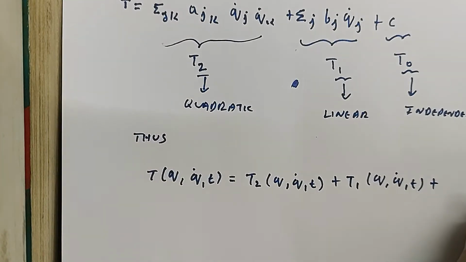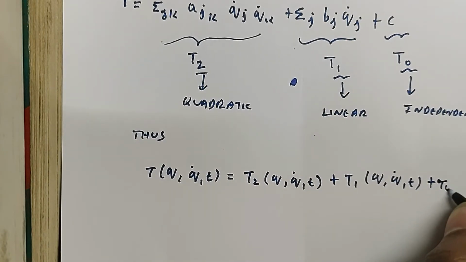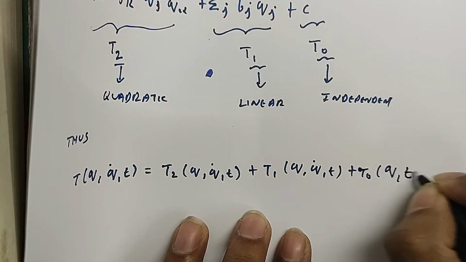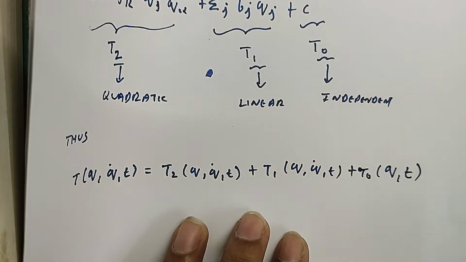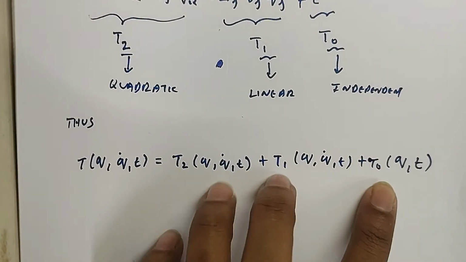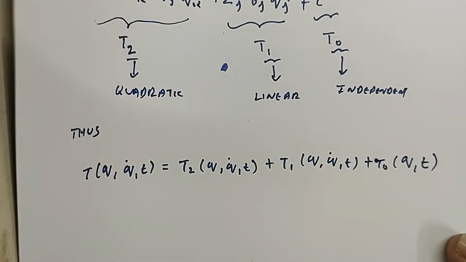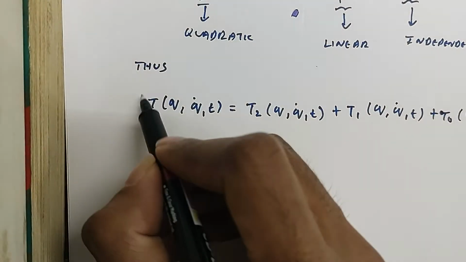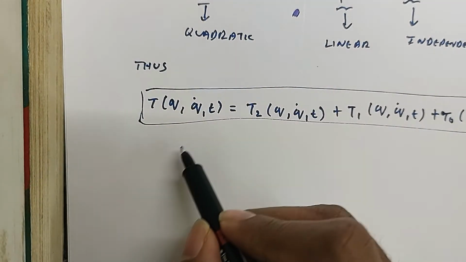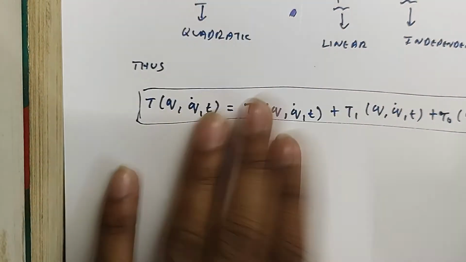But my T0 is constant, so my T0 will depend only on the time. It will not depend upon the generalized coordinates and not the generalized velocity. So this is my final expression for kinetic energy in terms of generalized coordinates.